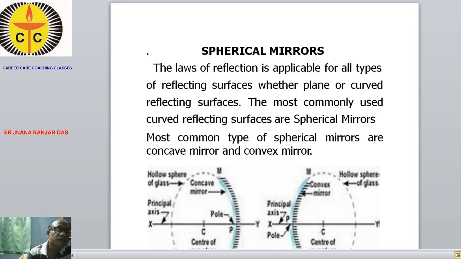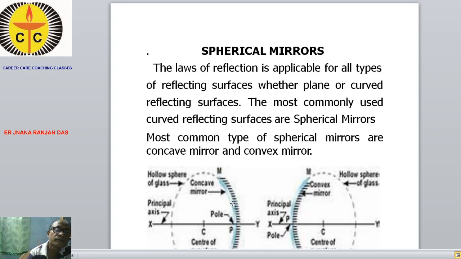Spherical mirrors are those mirrors which are a section of a sphere, in which the reflecting surface may be curved inward or may be curved outward. So there are two spherical mirrors. One is concave, one is convex.